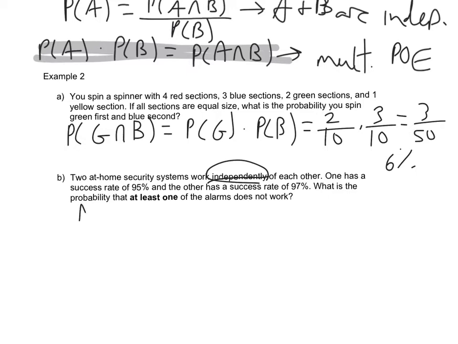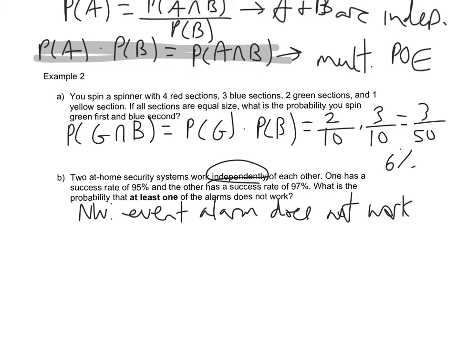So let's let NW be the event that alarm does not work. Okay, so let's find the probability of not working for the first one and then not working for the second one.